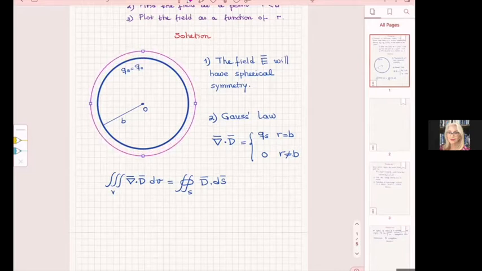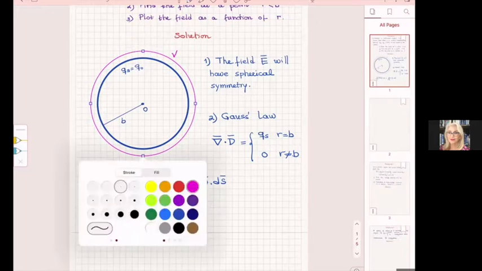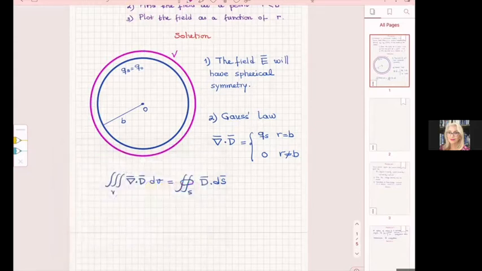So this is the volume, V. The surface of the volume is this one, and the direction of the surface of the volume is this.